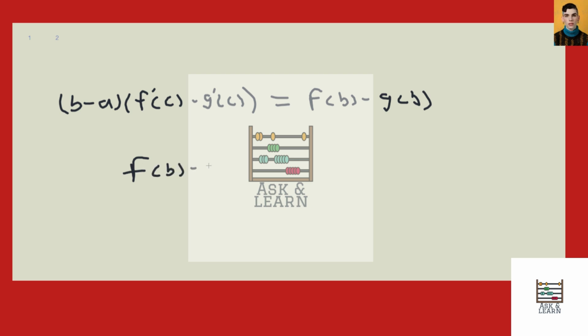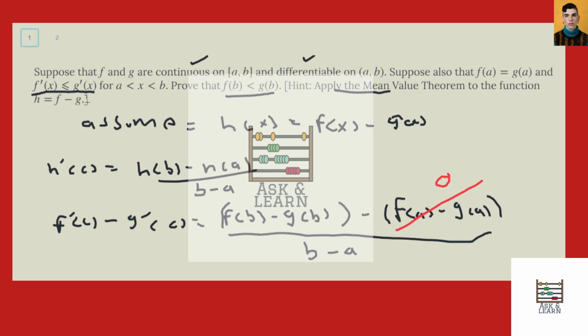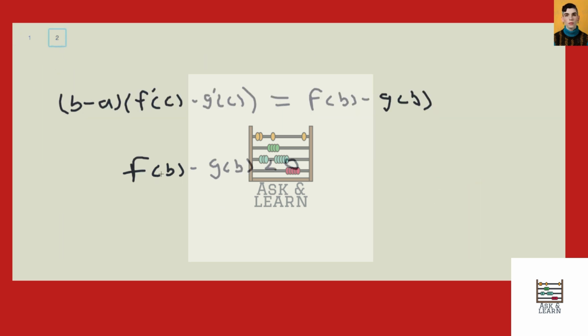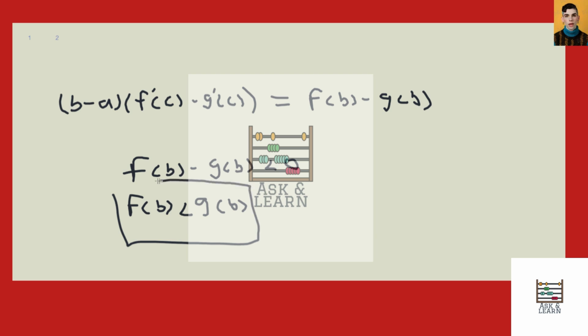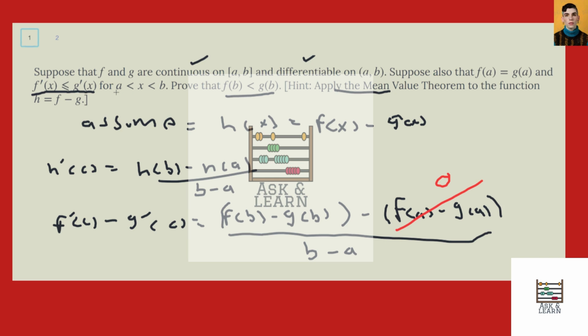So we can rewrite the right-hand side as an inequality sign. So this is going to be less than 0 because that's what this tells us. And then we can bring this over. We can add g of b. And bam, we have now proven that g of b is greater than f of b for all x in this interval from a to b.